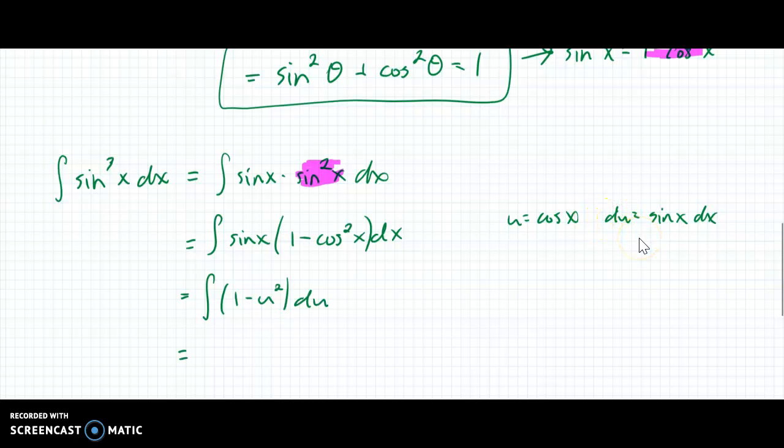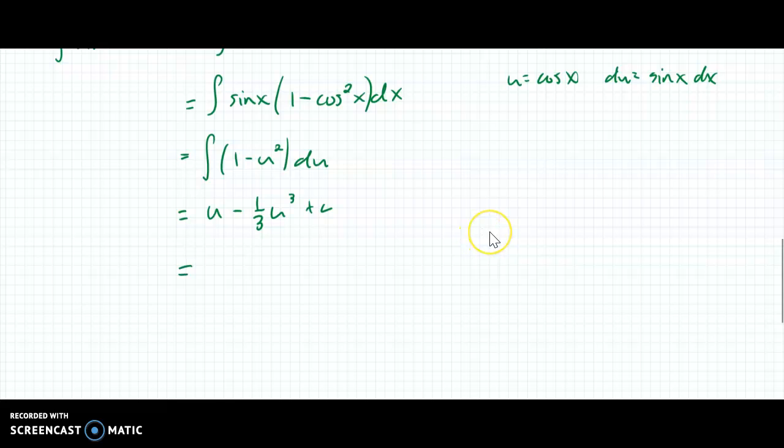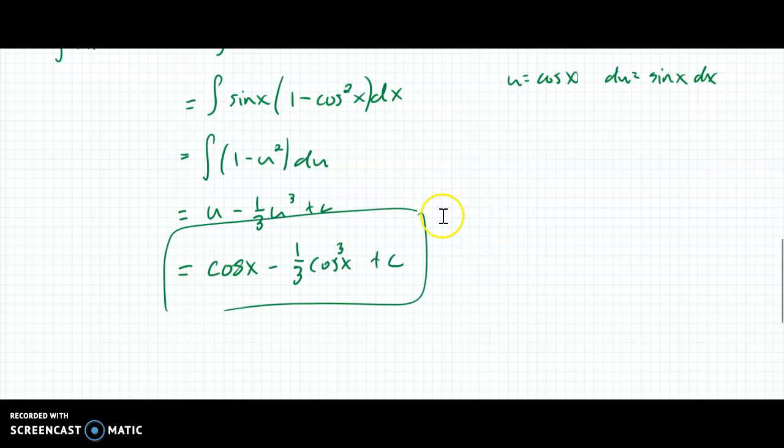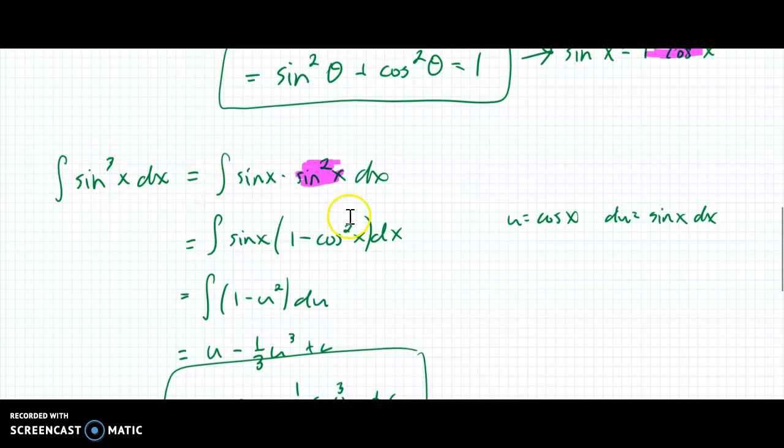And then, what's the 1 integrate to? u minus 1/3 u cubed plus a constant. And then all I have to do is replace my u's with cosines. So what do I get? Cosine x minus 1/3 cosine cubed x plus c. Bam. I didn't have a du anywhere, so I just created it.